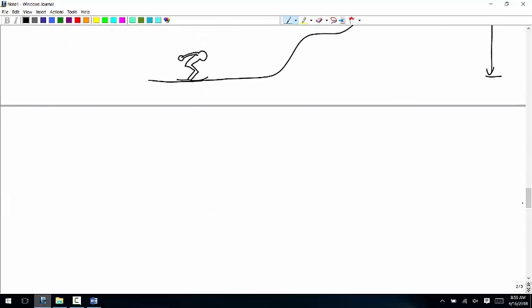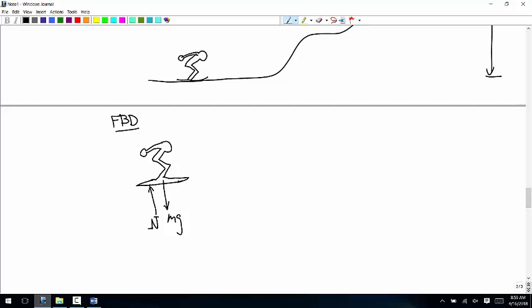So let's think about what kind of forces there are. Okay, so there's a weight force. And for the first part of the problem, there's only a normal force.